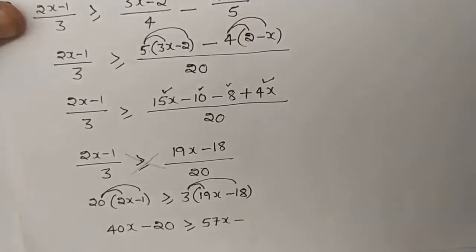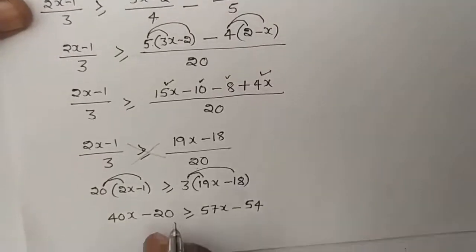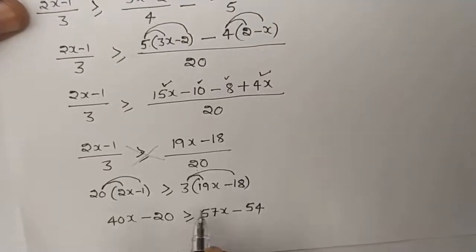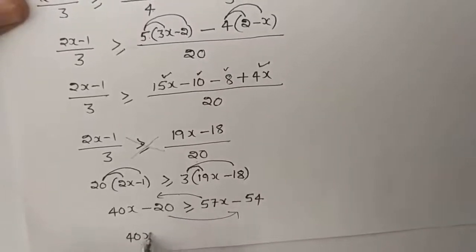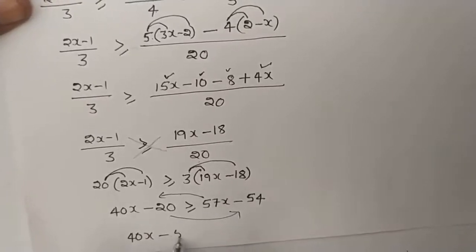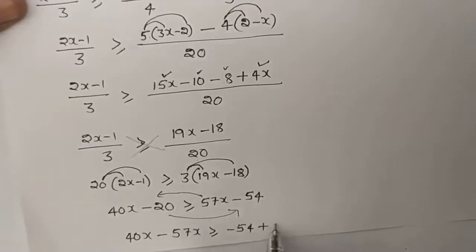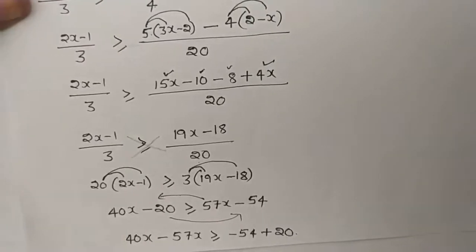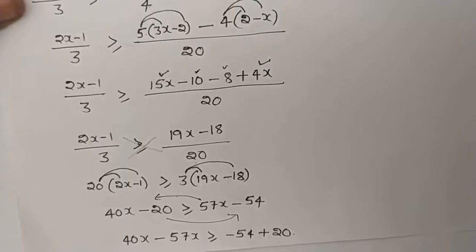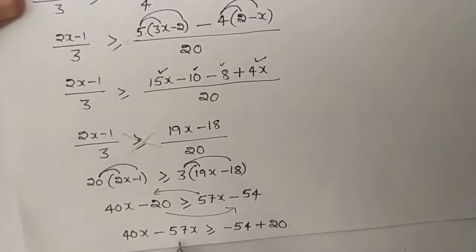18 threes are 54. Now take the 57x to the left, send this minus 20 to the right. Then 40x minus 57x is greater than or equal to minus 54 plus 20. 40 minus 57 is minus 17x, on the left side.